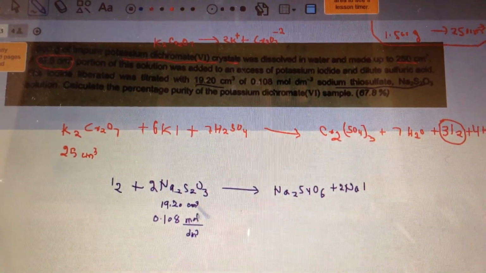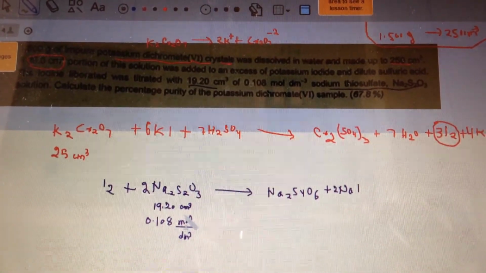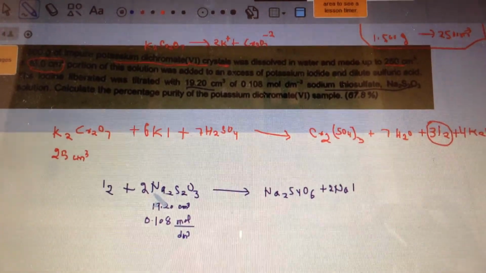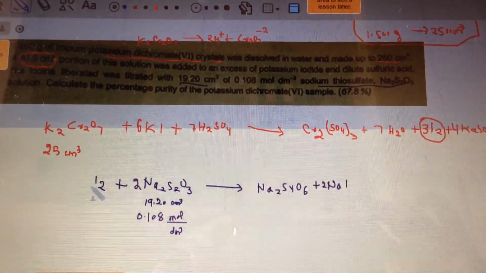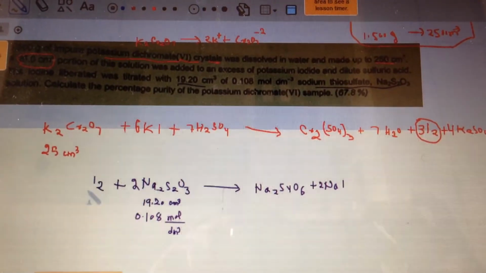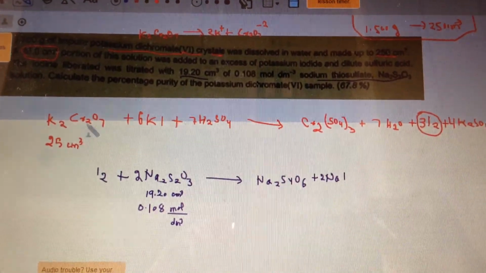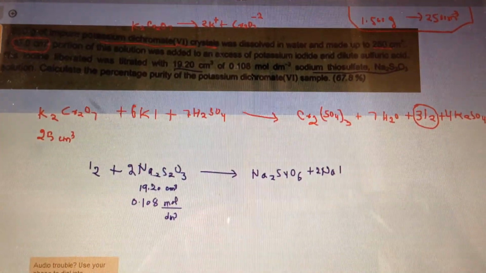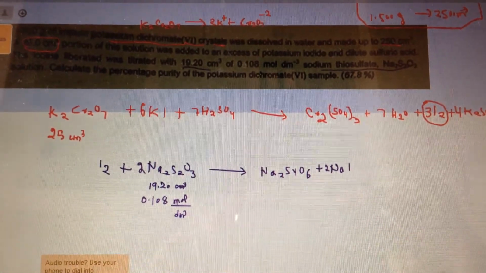So we need to make sure we have the same units in order to calculate the moles of Na2S2O3. Once we calculate the moles of Na2S2O3, we can calculate the moles of I2, because that's a 2-to-1 ratio. And once we have the moles of I2, we can calculate the moles of K2Cr2O7. So it's a little lengthy process, but see if that makes sense.